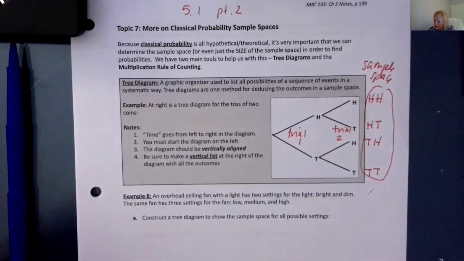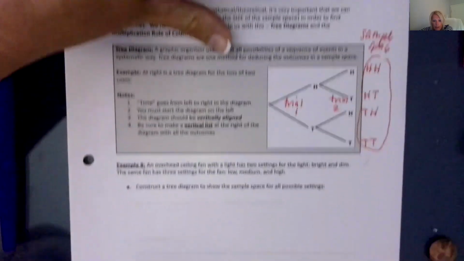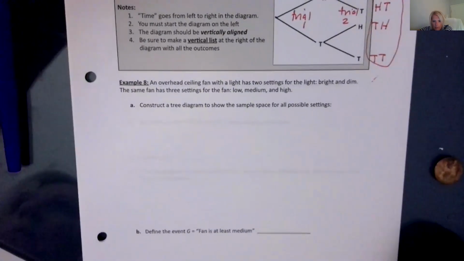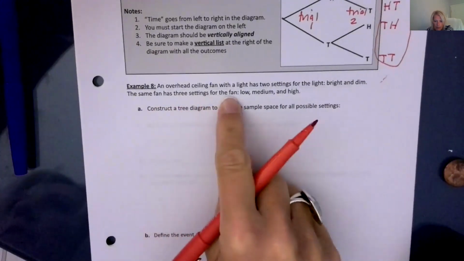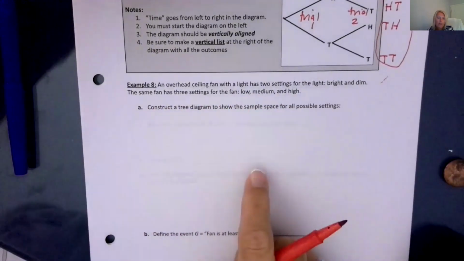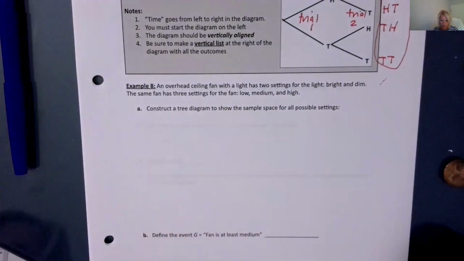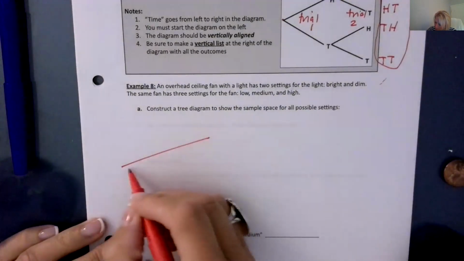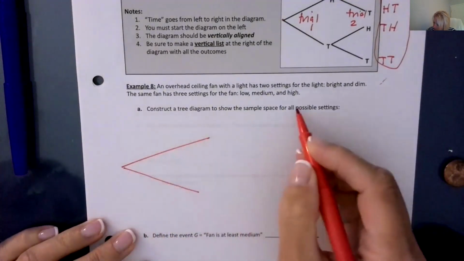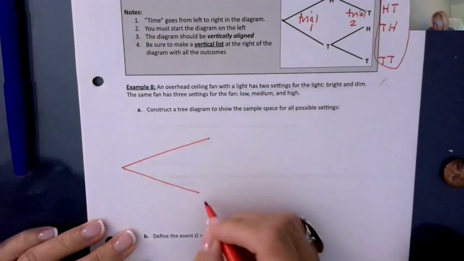It says an overhead ceiling fan with a light has 2 settings for the light, bright and dim, and the same fan has 3 settings for the fan, low, medium, or high. Construct a tree diagram to show the sample space for all possible settings. Okay, so we had bright and dim.